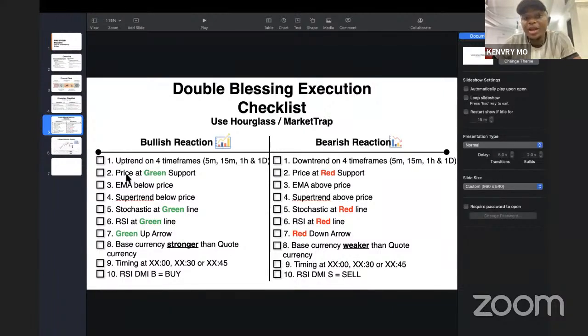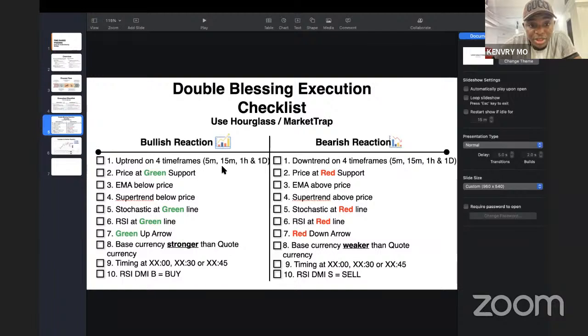So priority, I repeat again, so you're taking note. Primary priority is: don't take a trade if number 1 and number 8 don't align. Number 1 is that the trend must align on a minimum of three time frames.